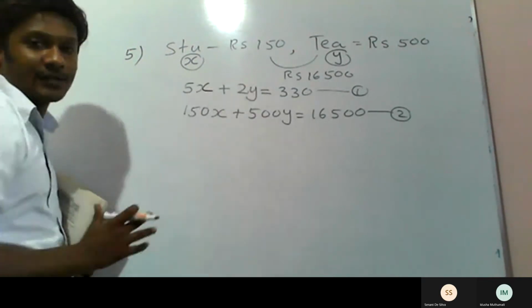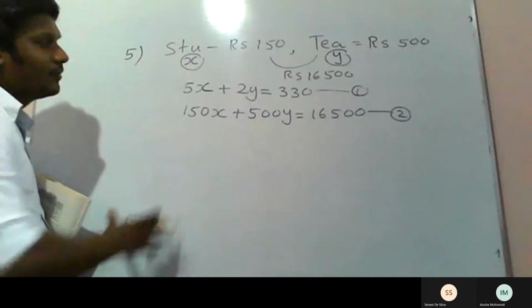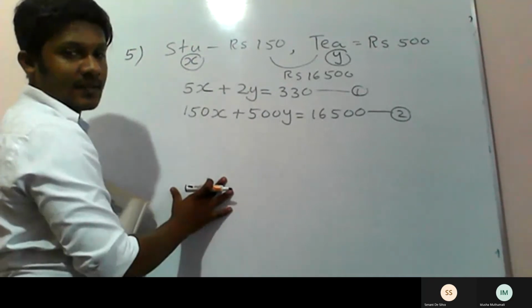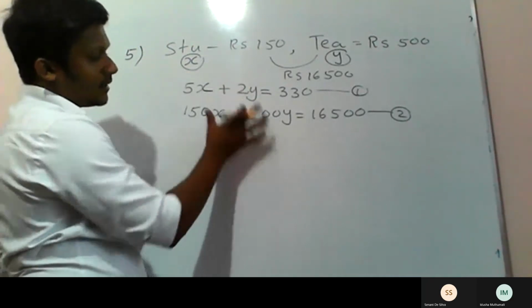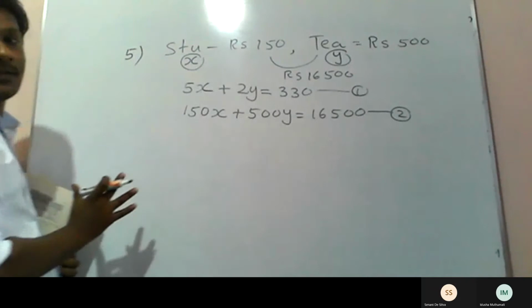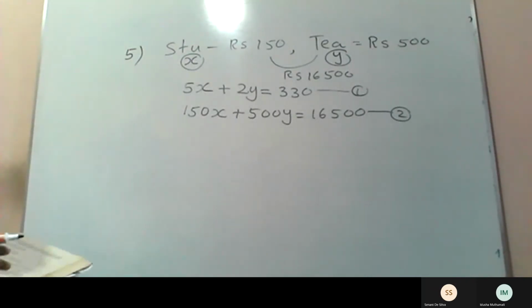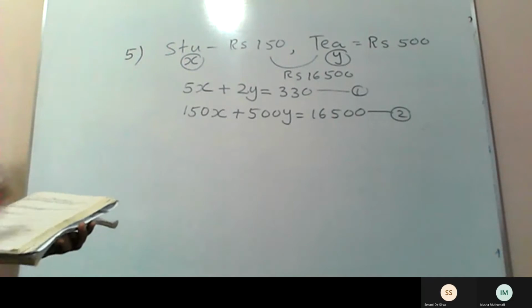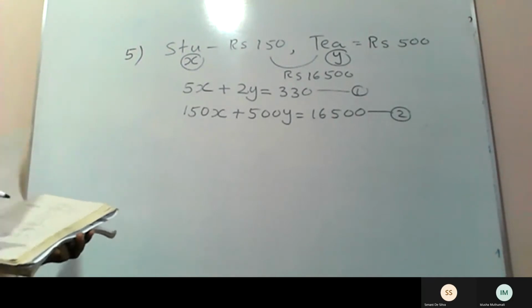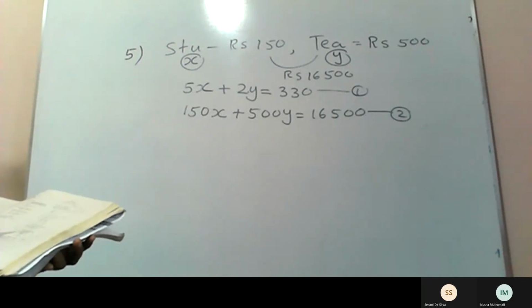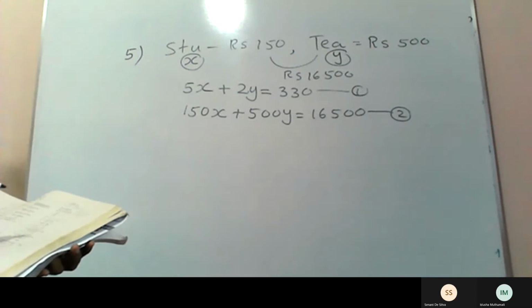Now find x and y using the two equations. These are the simultaneous equations. Can you understand? Yes, sir.